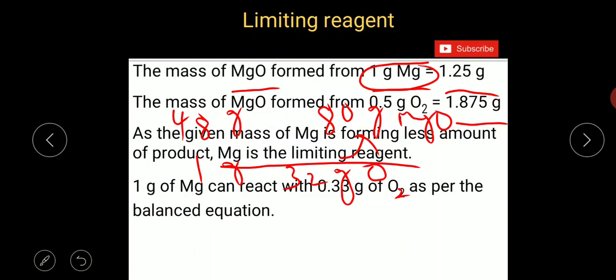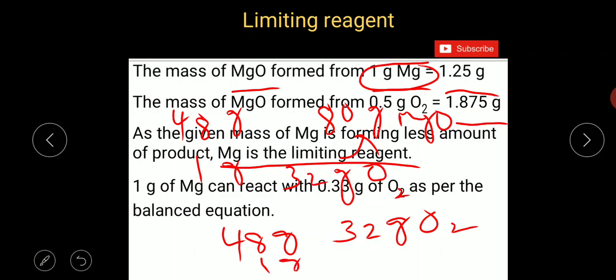One gram of magnesium can react with 0.33 grams of oxygen. Once again the relation: 48 grams of magnesium is able to react with 32 grams of oxygen. But the magnesium mass given is 1 gram.